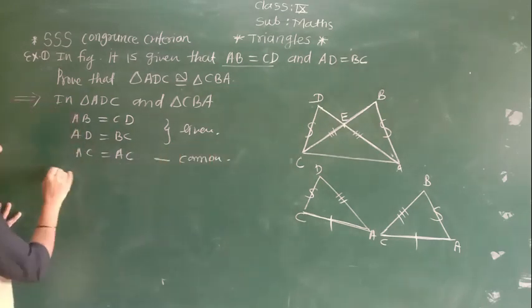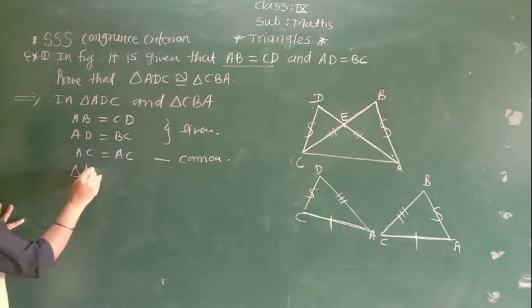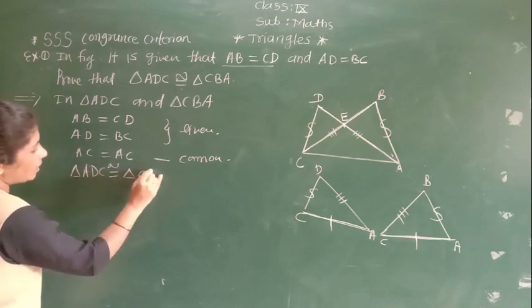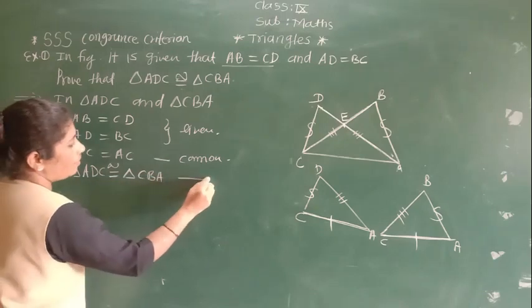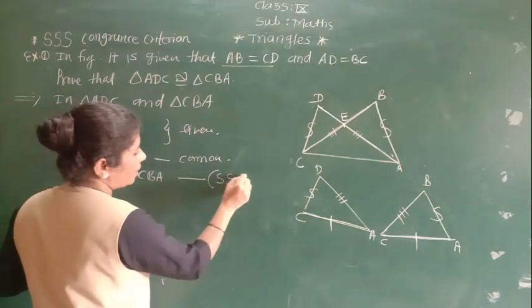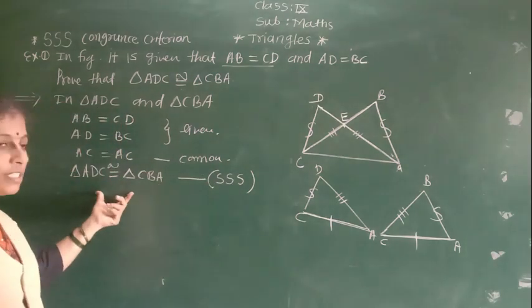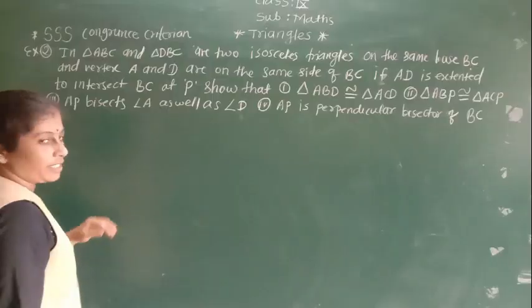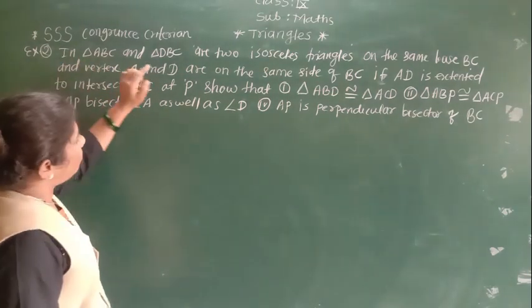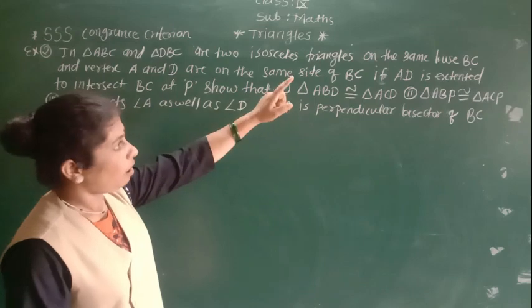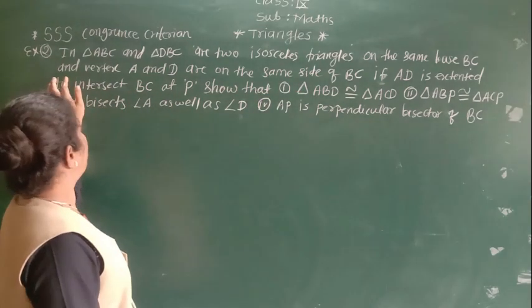So these two triangles are congruent. Triangle ADC is congruent to triangle CBA by SSS congruence criteria. Understood? Next example.